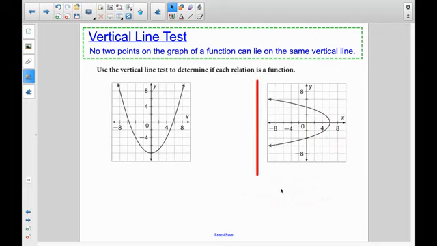So this one is not a function, because for any x value less than 6, there's more than one y value associated with it. When x was equal to 6, I only got one value.